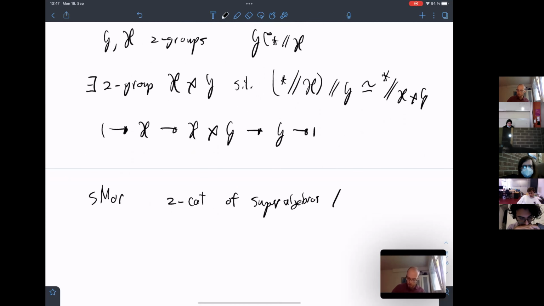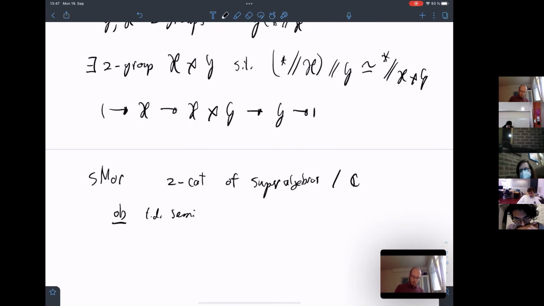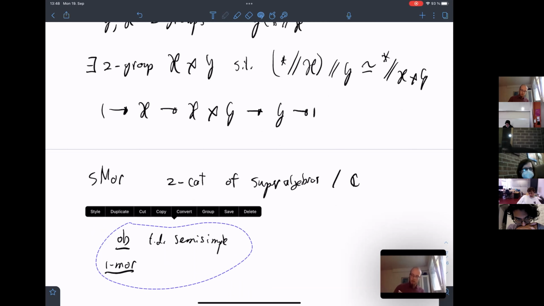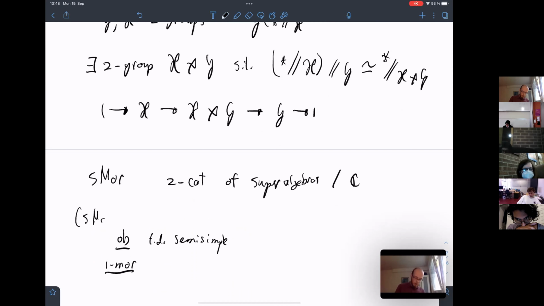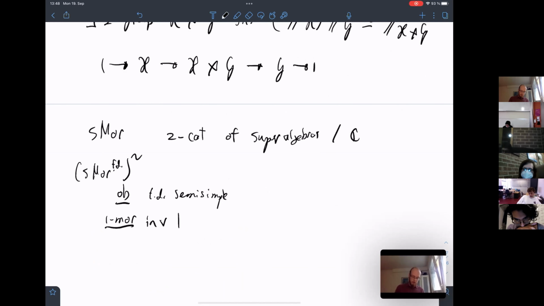So Z2 graded algebras over the complex numbers, in which objects are finite dimensional semi-simple algebras. 1 morphisms are, as before, I want to, without saying what it means, restrict to finite dimensional kind of things and restrict to the core, and therefore I take invertible bimodules. And 2 morphisms are even invertible bimodule maps.